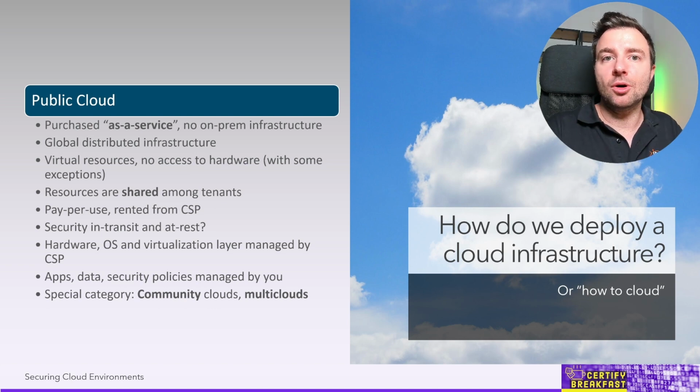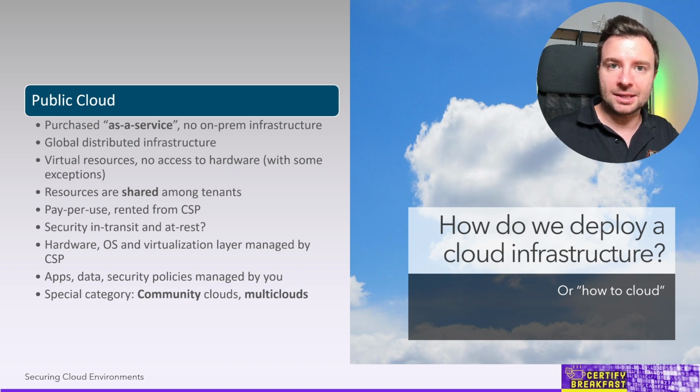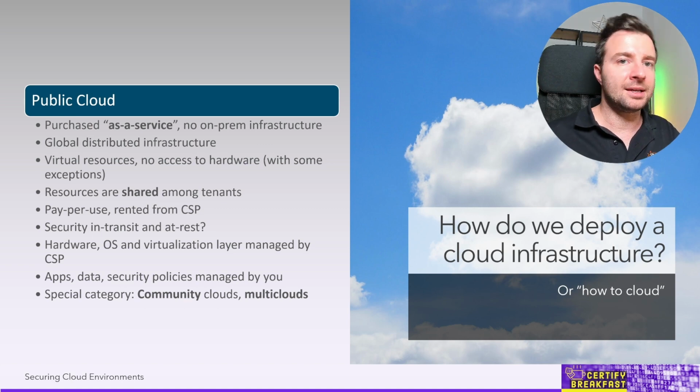As expected, all the resources that you can buy in a public cloud are all virtual. Now, there are some exceptions, and major cloud vendors have started providing you the ability to rent actual physical hardware for some specific corner cases and use cases, but 99% of the time, what you're going to be buying in a cloud environment is going to be a virtual service, a virtual machine, a virtual network, a virtual IP address, a virtual something, because the principal tenets of the cloud are elasticity and self-service, and you simply cannot reconfigure hardware the same way you can reconfigure software.